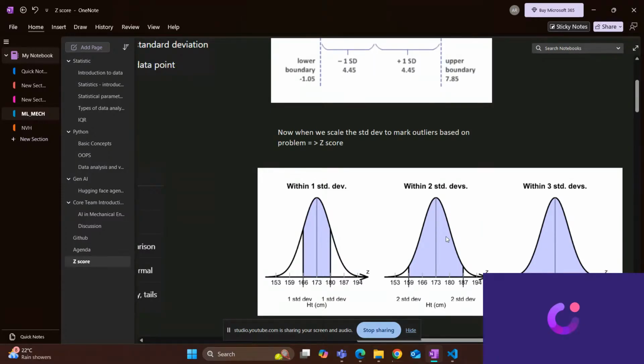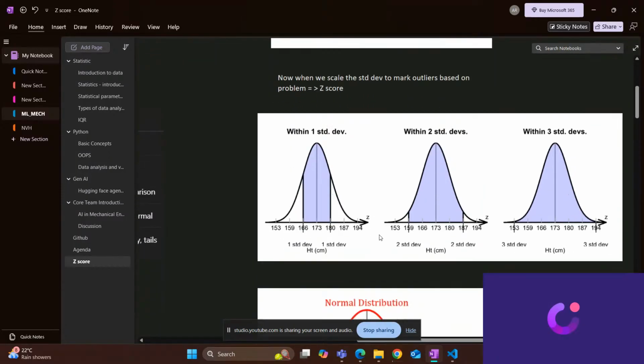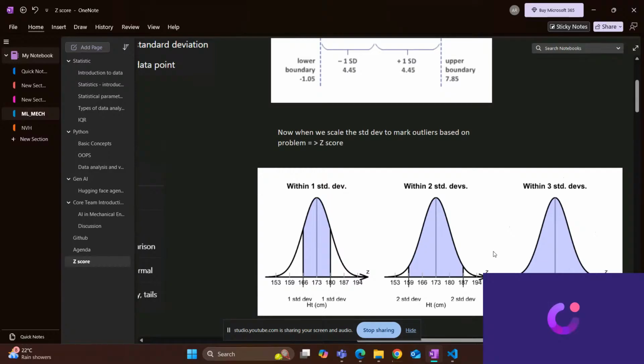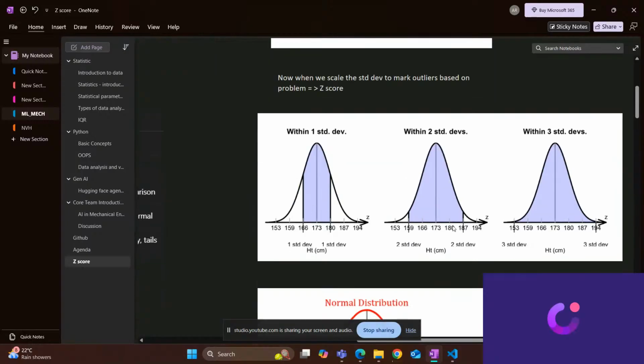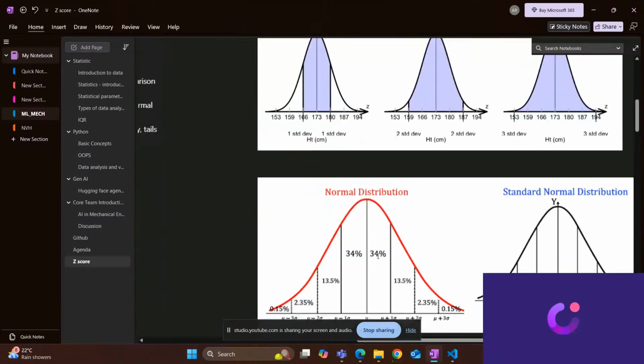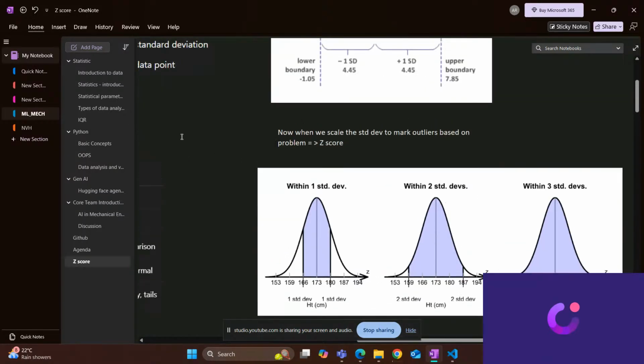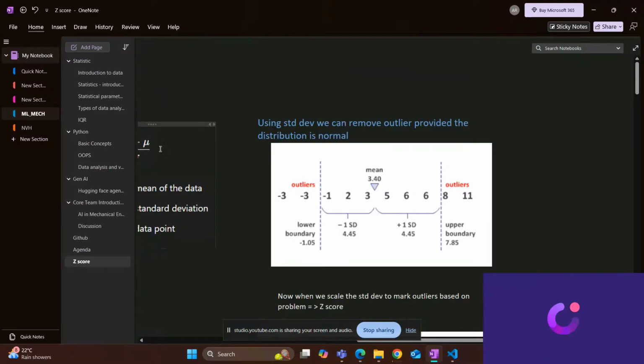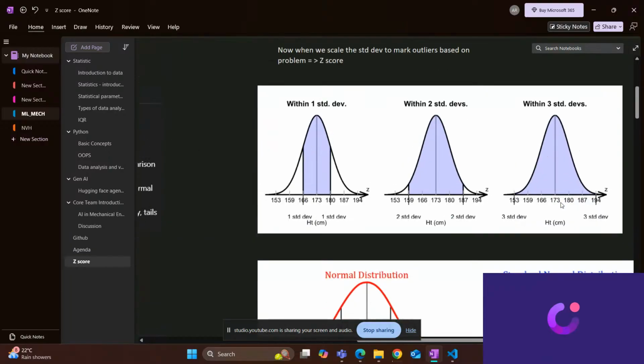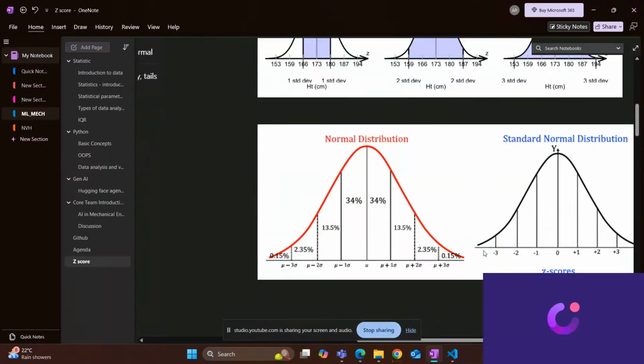But since these values can change randomly, you are not able to identify exactly what the limit value is. So you try to standardize it, using this formula, by subtracting the mean value from it and converting that into 1 sigma, 2 sigma, 3 sigma.